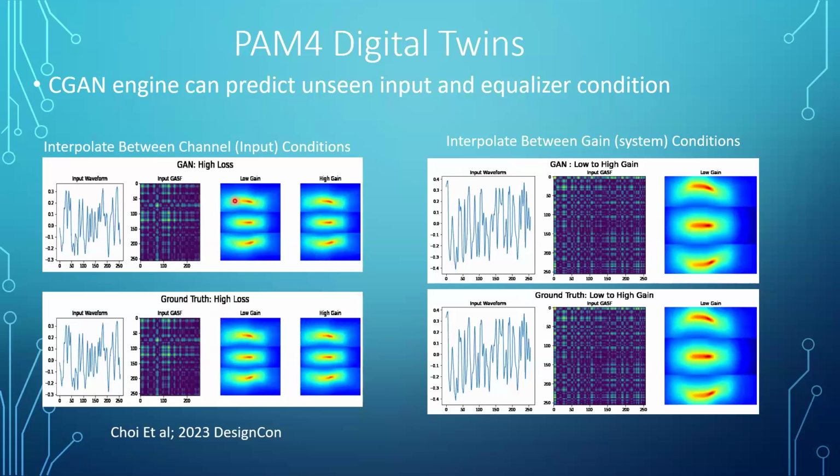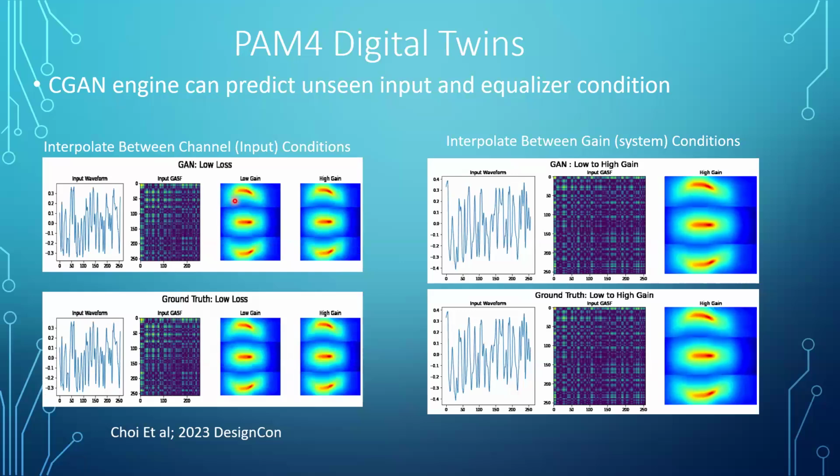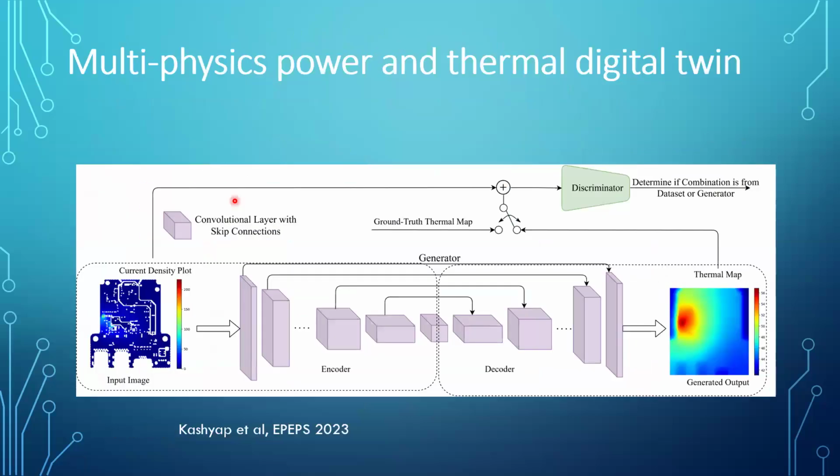Another thing digital twins are good at is that, because it's data driven and not physics based, it's relatively easy to tie in multi-physics problems. Here we take another example where we have a power image from a power analysis, and a thermal output from a thermal solution in the system.